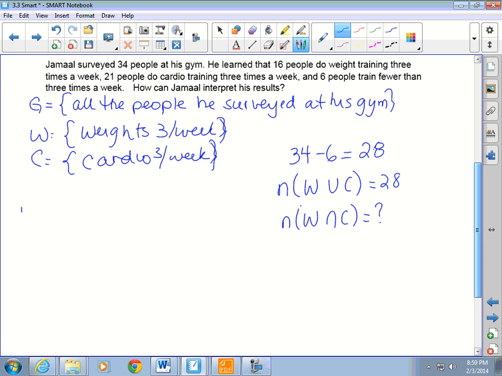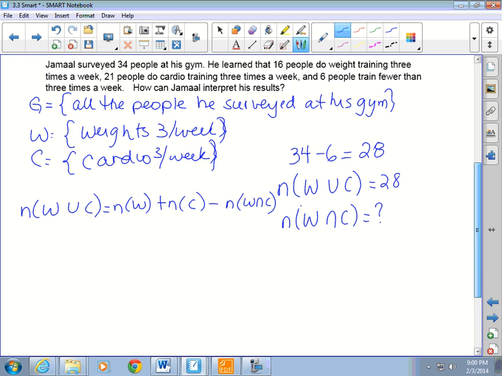The number of people who do weights or cardio is equal to the number who do weights plus the number who do cardio minus the number that do weights and cardio.